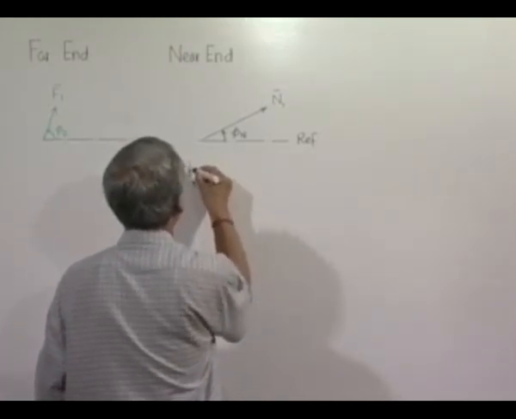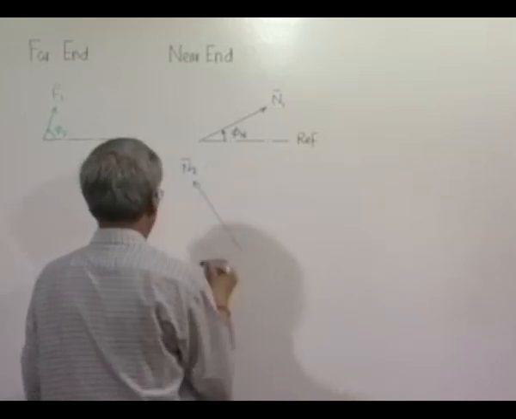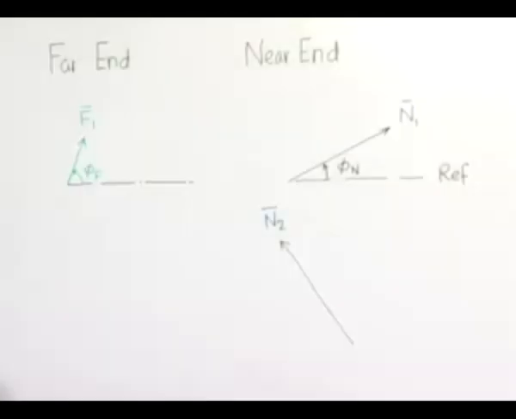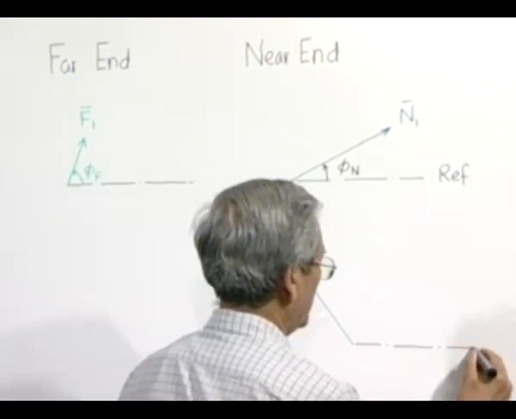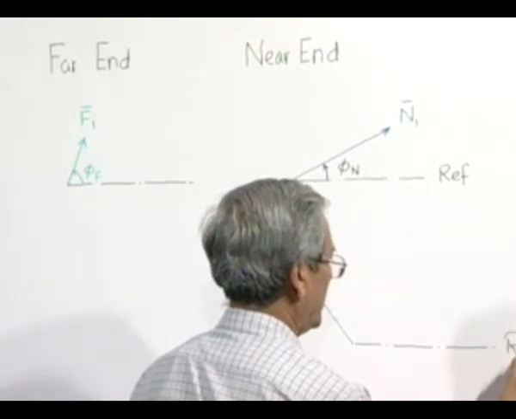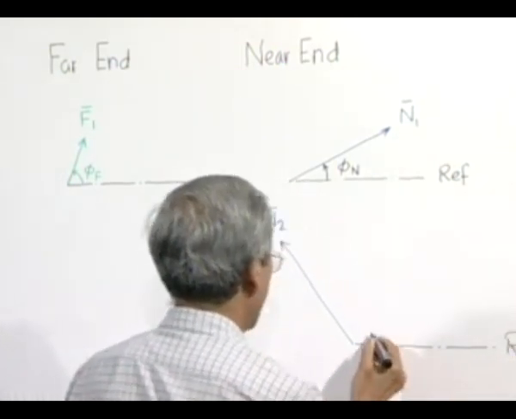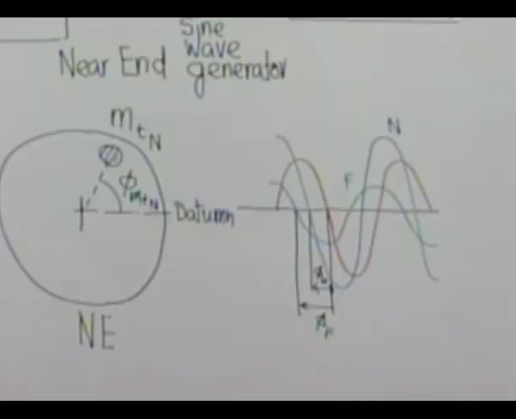The vibration of the near end is now N2. And this is the reference as before. This angle is the lead angle of the wave found in the oscilloscope with respect to the reference sine wave signal.